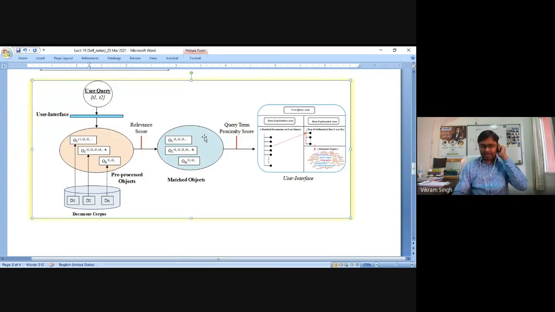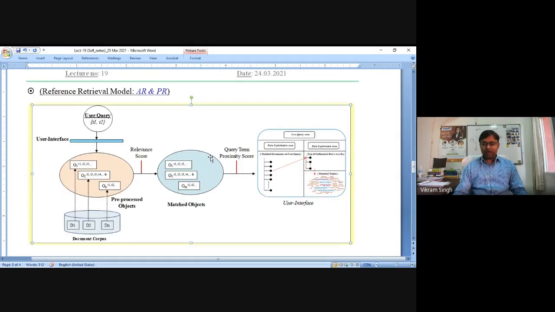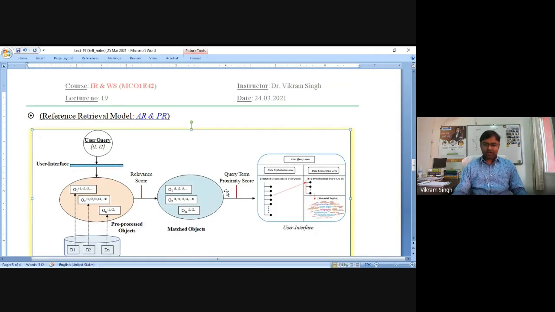So at this level, we are trying to apply the query term proximity measures to generate a proper list of arranged documents, based on the query terms' presence within the document. So this is one typical model we have created, and we have derived the interface for that, and these objects are pushed into the interface, right? In the background also, these relevance measures will have an impact.